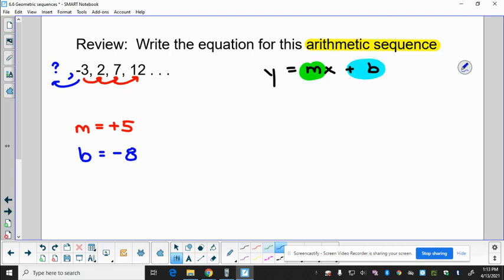Now you really essentially have everything you need here. So here's the equation. It's y equals mx and b. But do you also remember that what we do is we actually take these terms out and we use sequence notation?